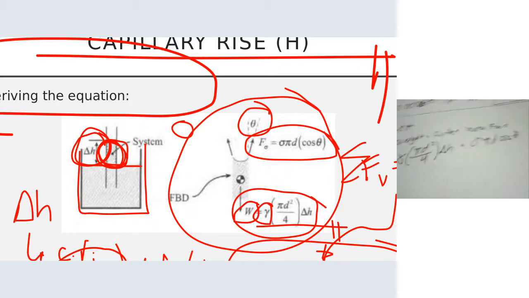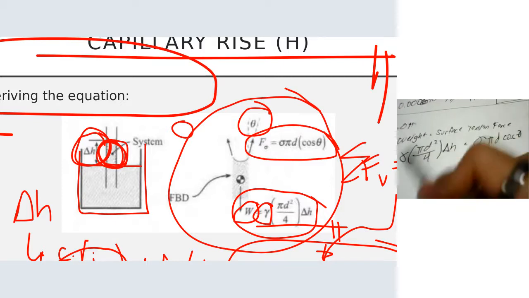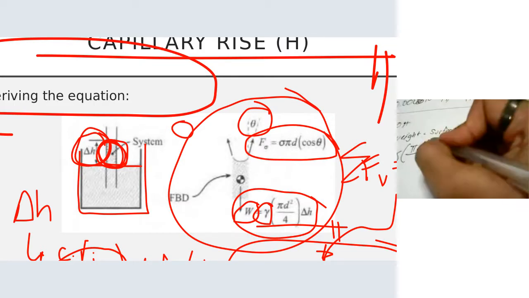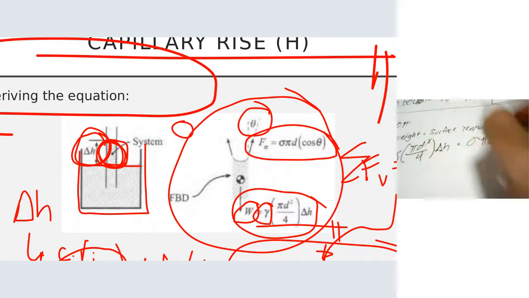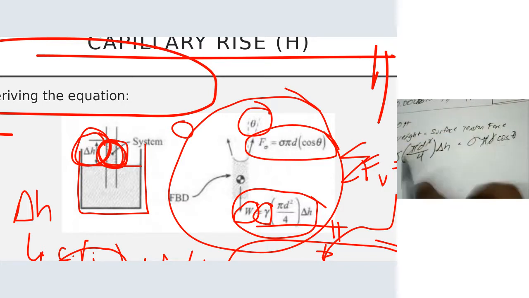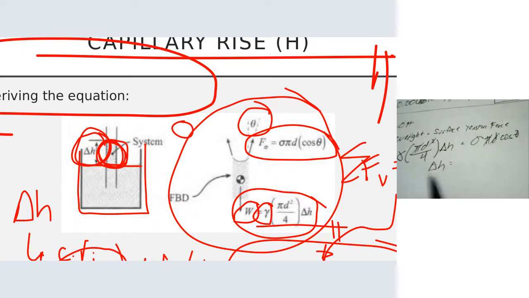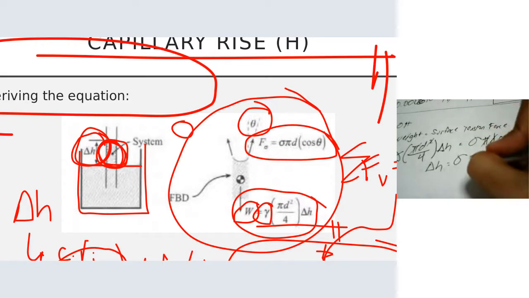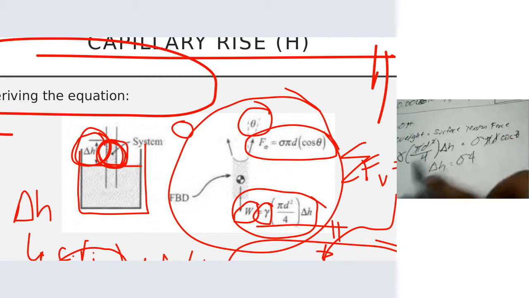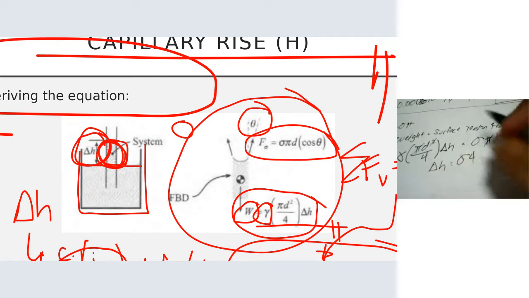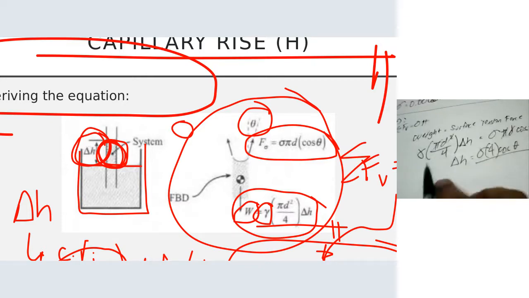So, this will be cross-multiplied to the denominator of this side. So, basically, cancel yung D, yung pi, and this will become delta H equals sigma times 4, kasi cross multiply yun dito sa numerator, cos theta over what?